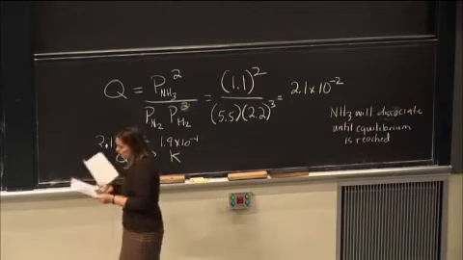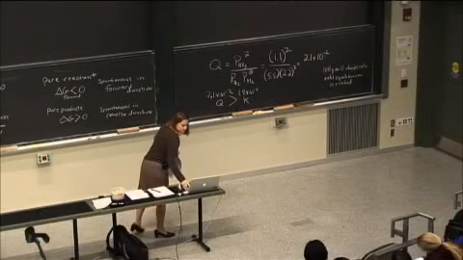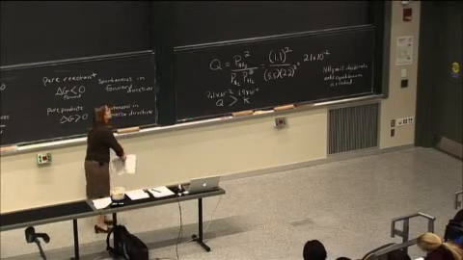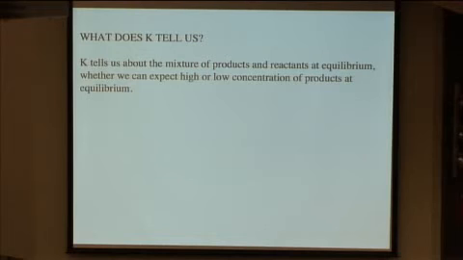So let's think more about what K is going to tell us. K tells us about the mixture of products and reactants at equilibrium, whether we can expect low or high concentration of reactants at equilibrium. So let's look at another example.